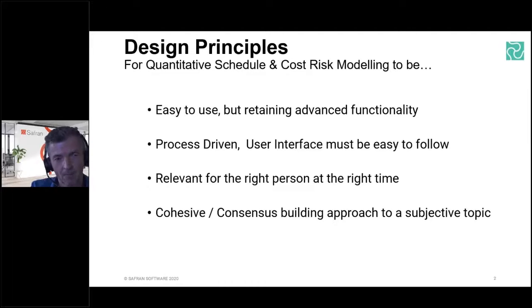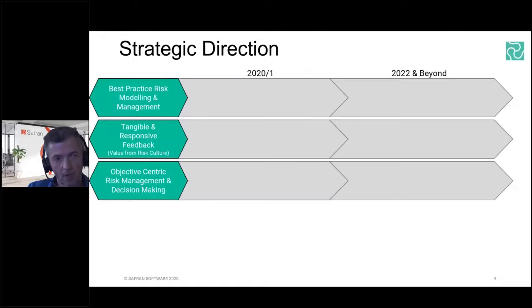Okay. So they're just some of the design principles that we've used building the product. My last slide is I want to talk a little bit about the future and the short-term future in terms of Safran Risk and where we're taking the product. So we've based this roadmap around 3 themes.